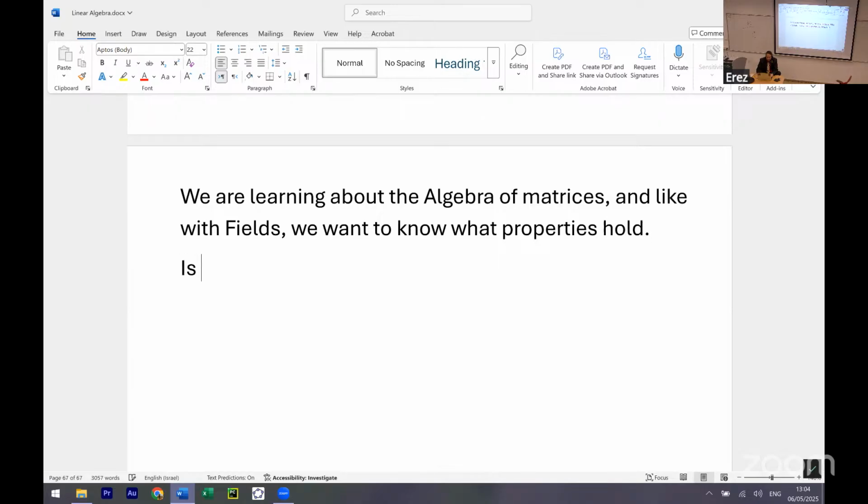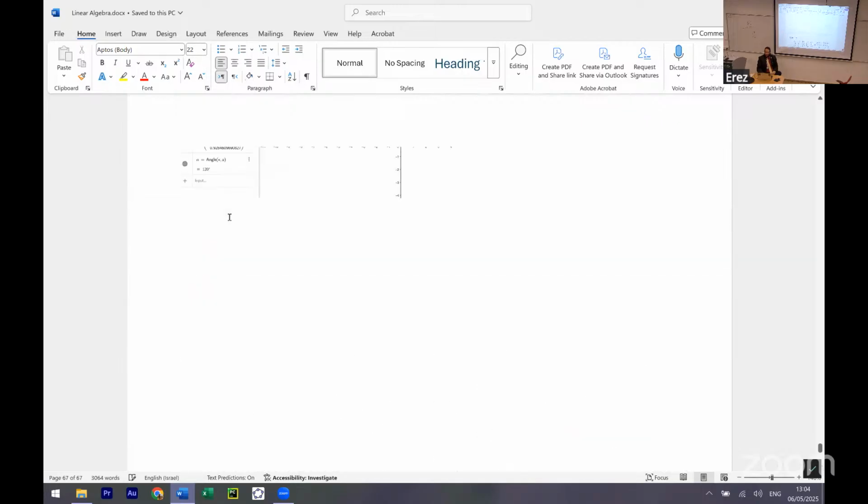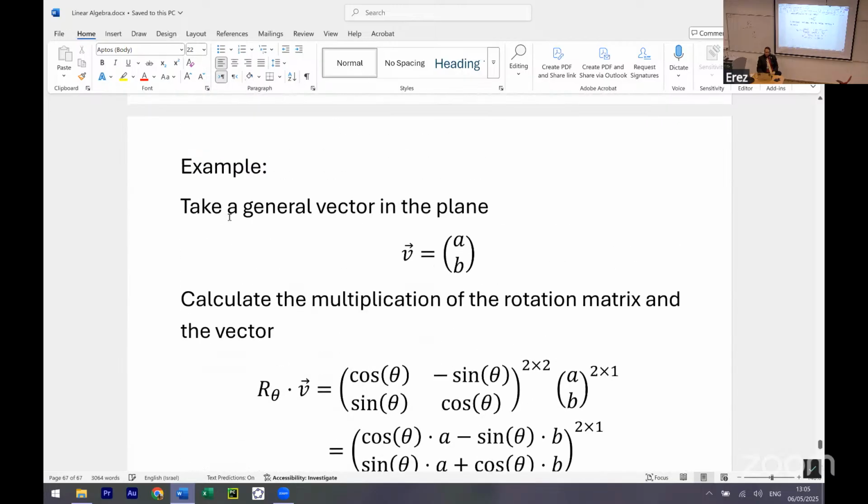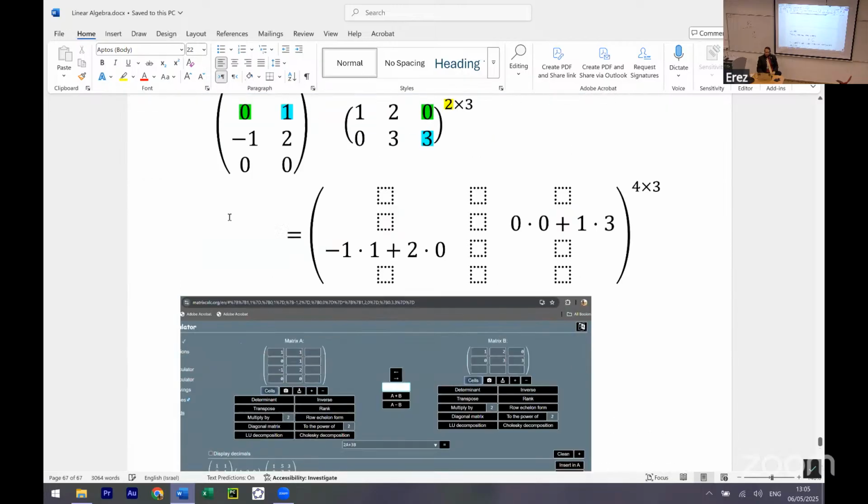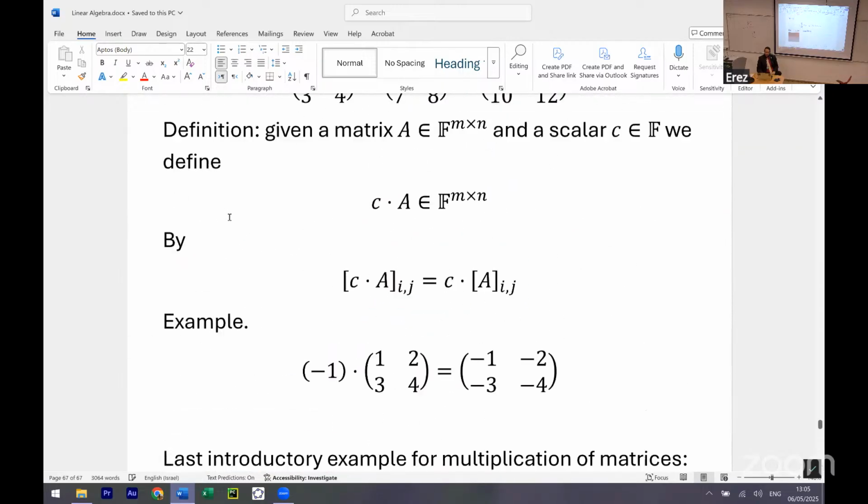Is the multiplication commutative? No, not in general. Did I really show this? I'm not sure that I've given you an example for this. No, I think I didn't.